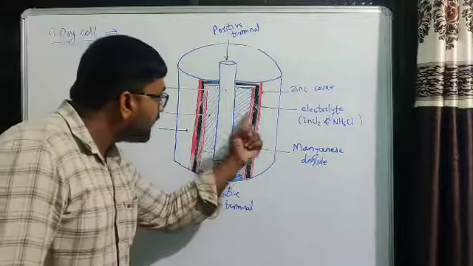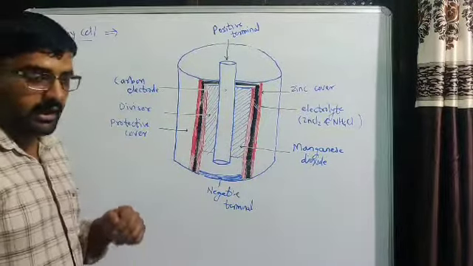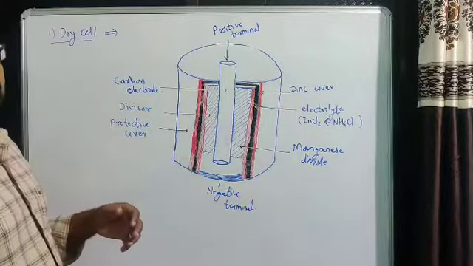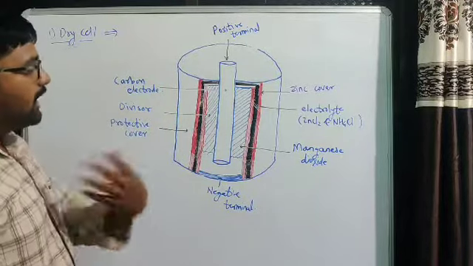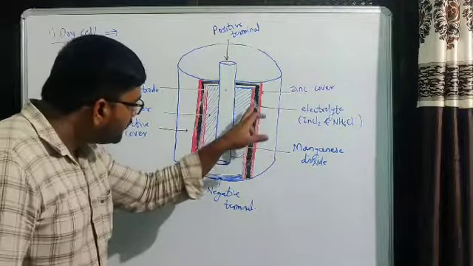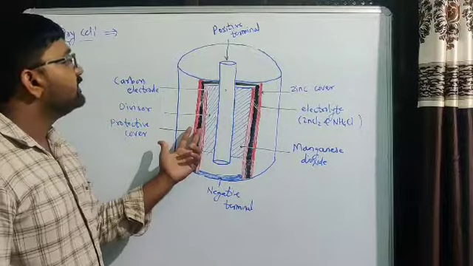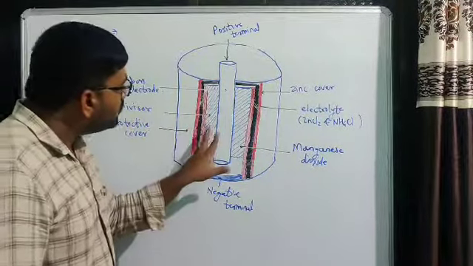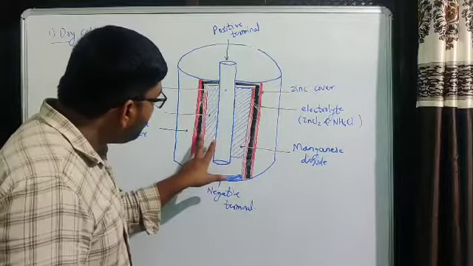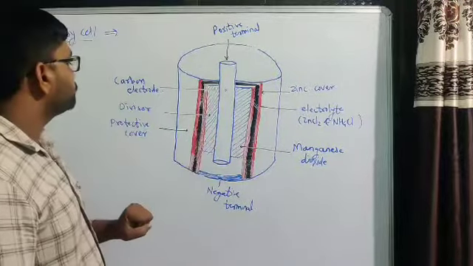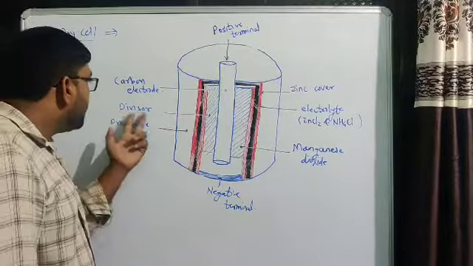If we carefully remove this zinc cover, then below that we will find an electrolyte. I will explain the use of the electrolyte later, but one electrolyte is present inside this zinc layer. In between this zinc layer and this carbon rod, there is a divisor.